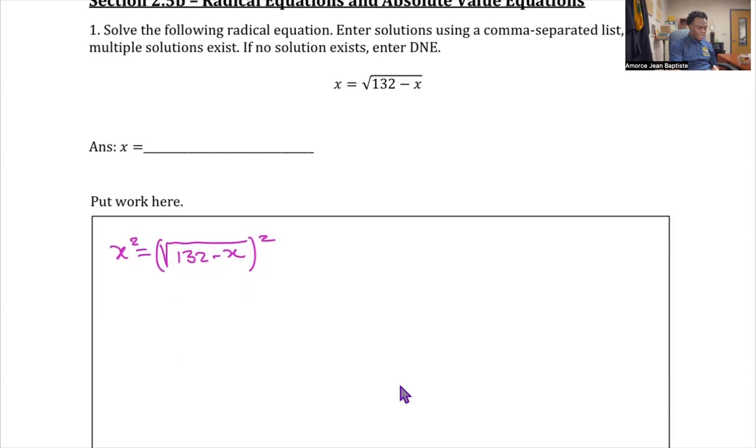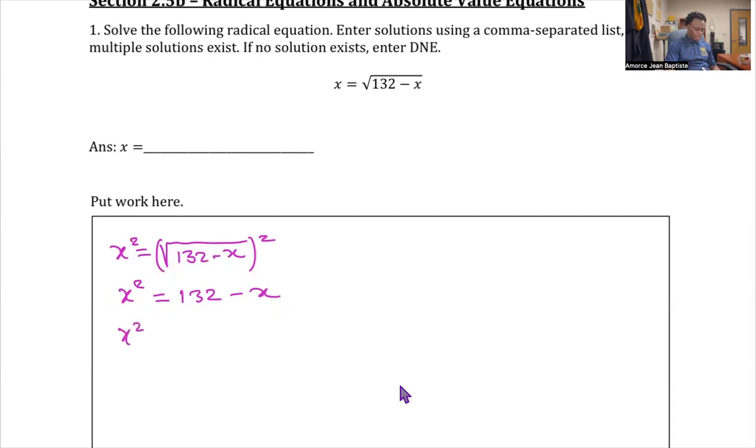That is x squared over here equals, the square cancels the radical, so I'm left with 132 minus x. This is a quadratic equation because the highest exponent of the variable is 2. So we're going to put it in standard form, moving everything to one side.